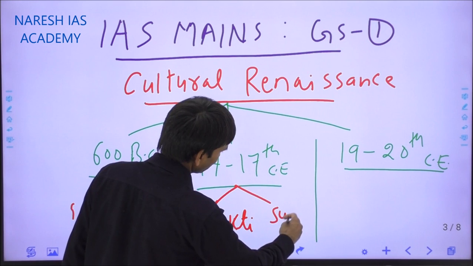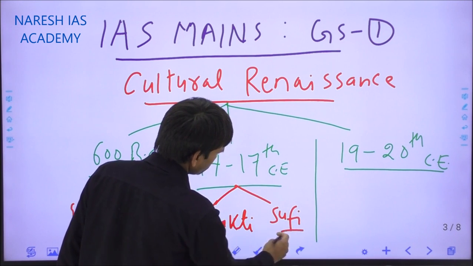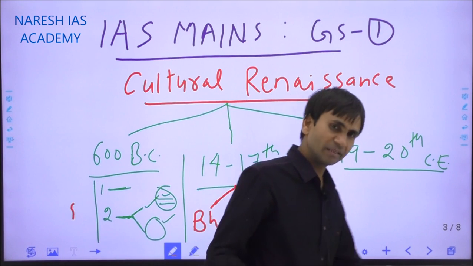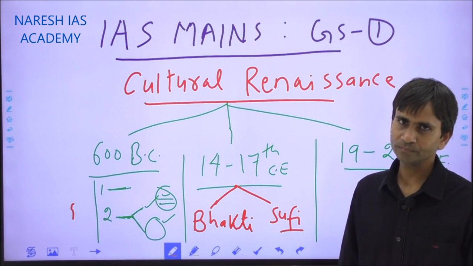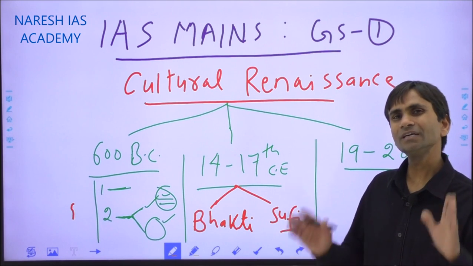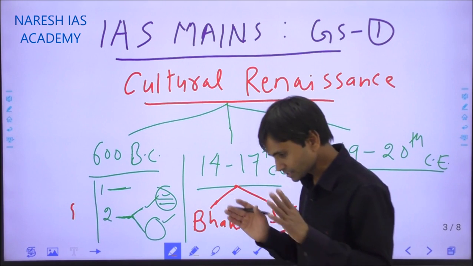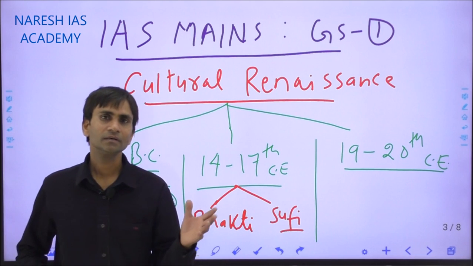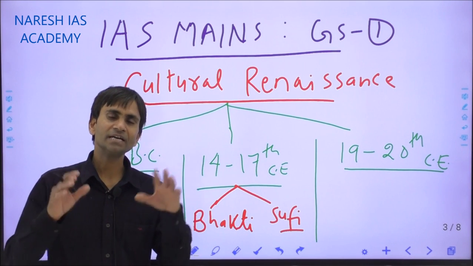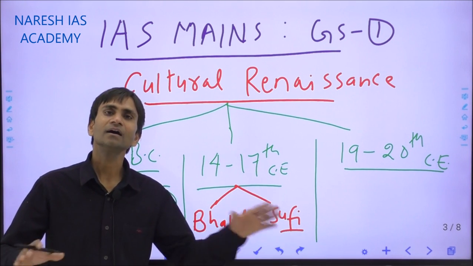Bhakti and Sufi. The Sufi movement originates within Islam as well as Bhakti within Hinduism, and both criticize the existing nature of Hinduism and Islam, because there were mediators between the people and the religions.